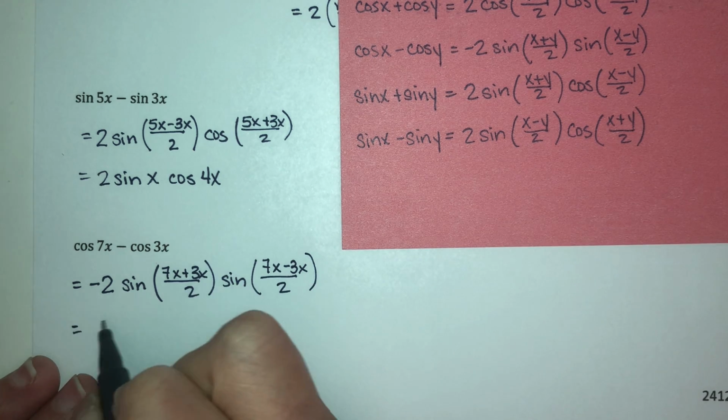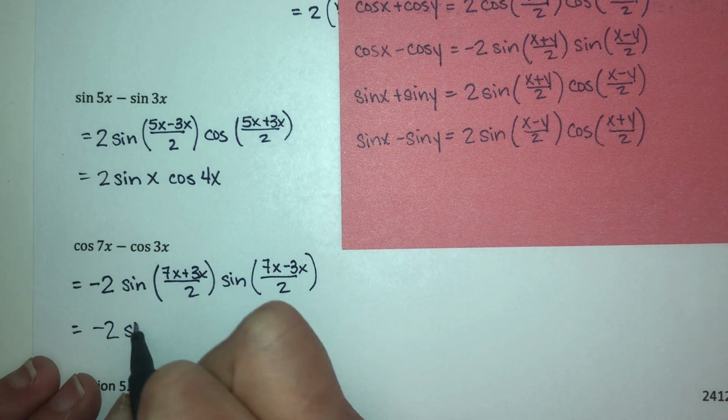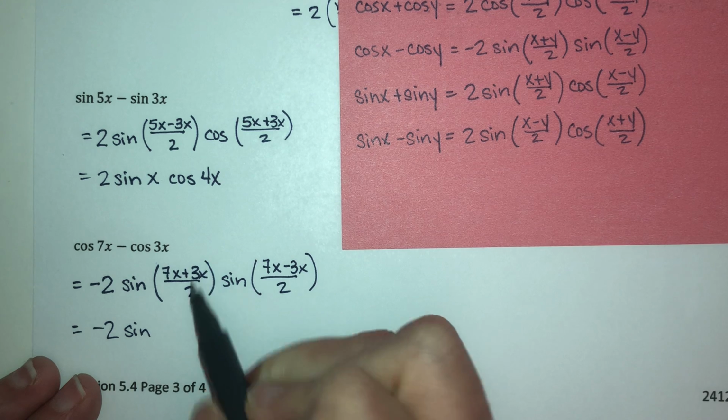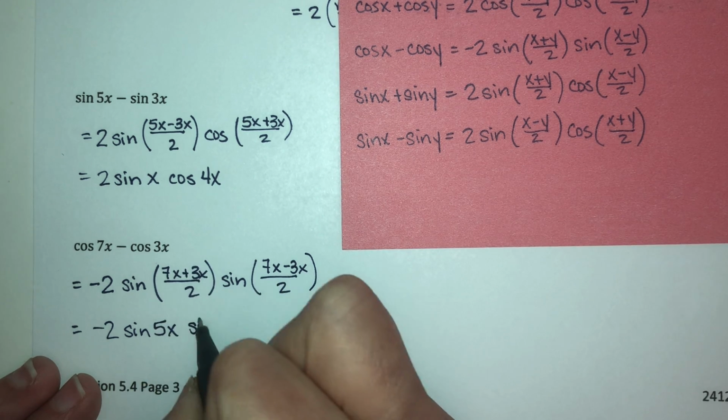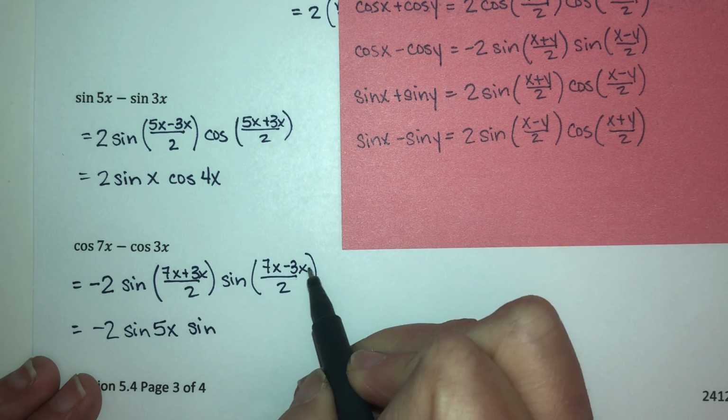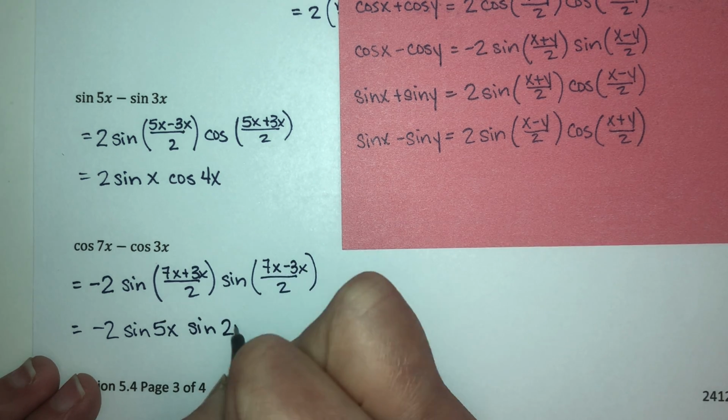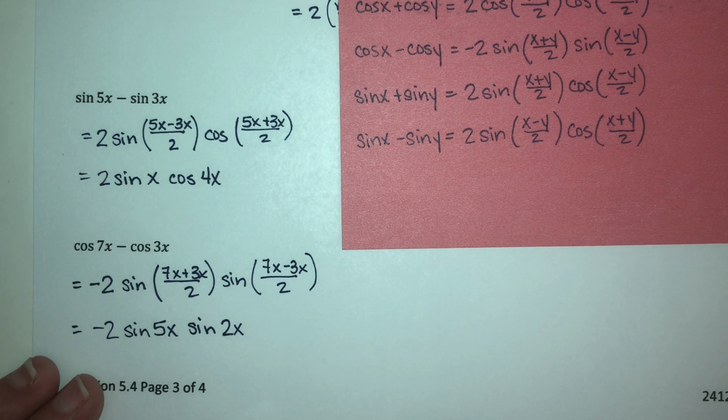So I have negative 2 sine of 10x divided by 2, which is 5x, sine of 4x divided by 2, which is 2x. So negative 2 sine of 5x, sine of 2x is your answer.